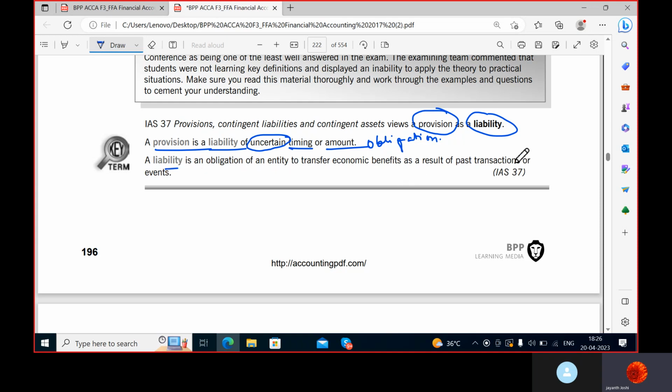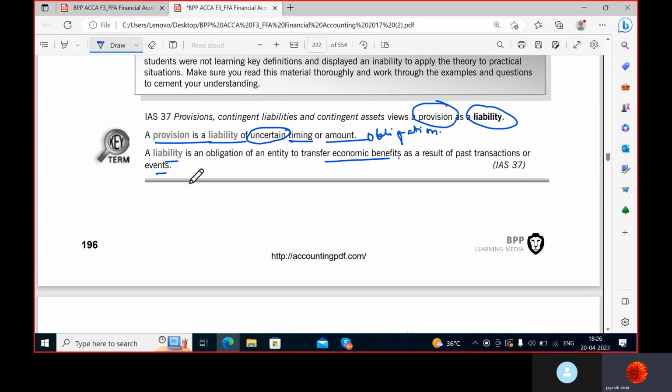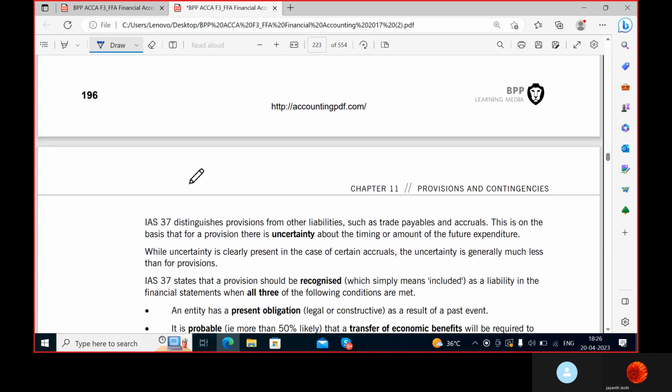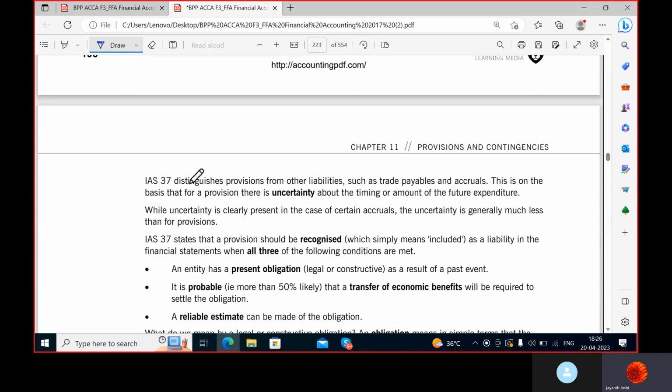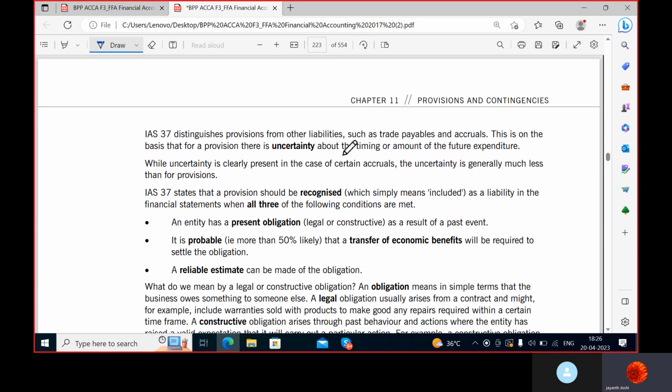The definition of liability is already known to us. It is an obligation of an entity to transfer economic benefits as a result of past transactions or events. Now, provisions differ from other types of liabilities also.